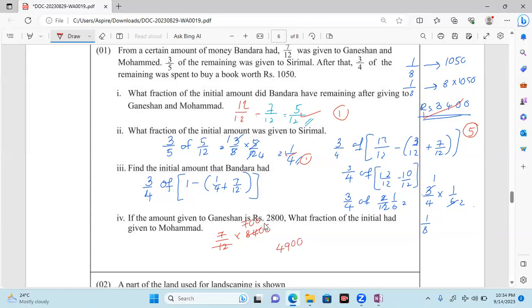Okay, altogether this amount is given. Then subtract this by it. Then answer is 2,100. Okay.